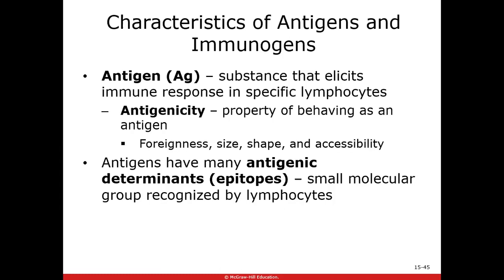It's all related to foreignness, which means if it's not self, its size, shape, and how accessible it is. Antigens have many antigenic determinants. These are called epitopes. They're a small molecular group recognized by lymphocytes. Just know that they're antigens.